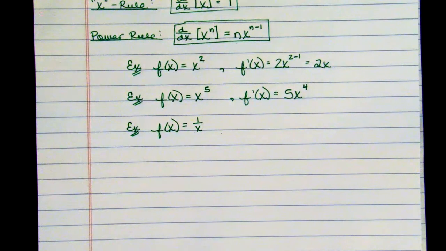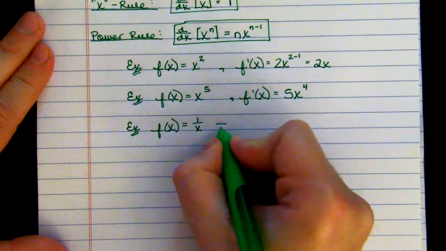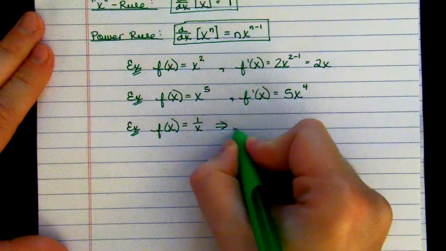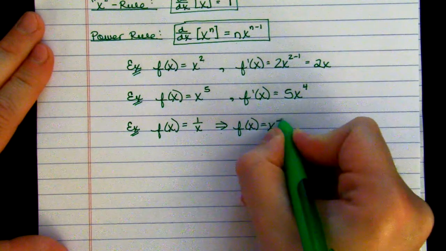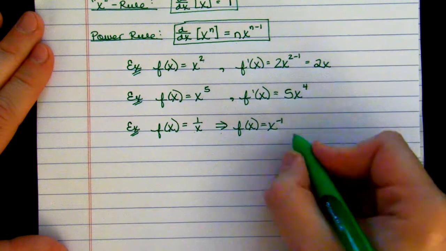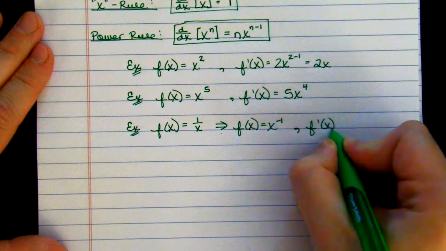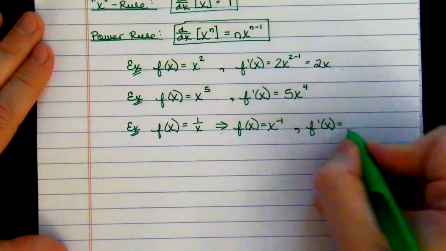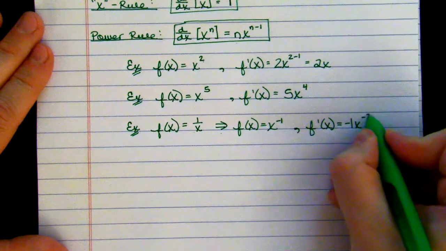How could I rewrite this? Well, rather than dealing with this, how about I say f of x equals x to the negative 1. Then we can go do our derivative. f prime of x is going to equal, okay, pull down the power, negative 1, x to the subtract 1 from the power, negative 2.